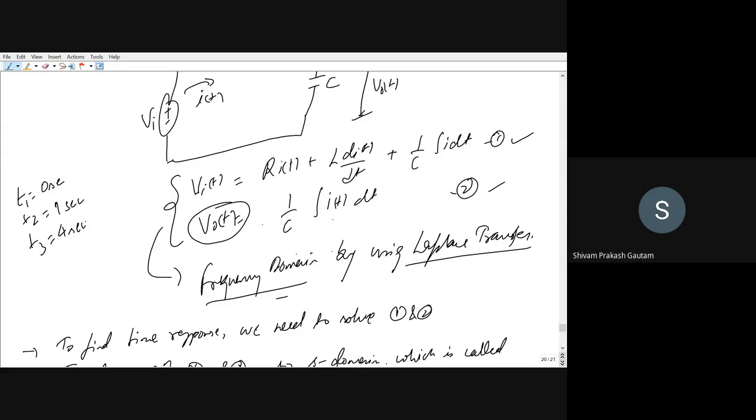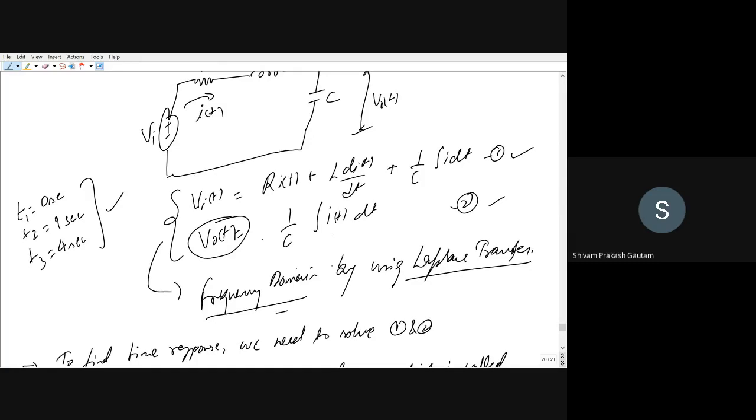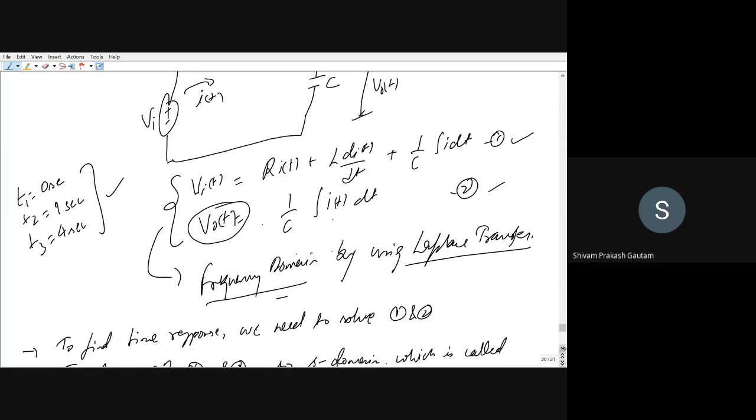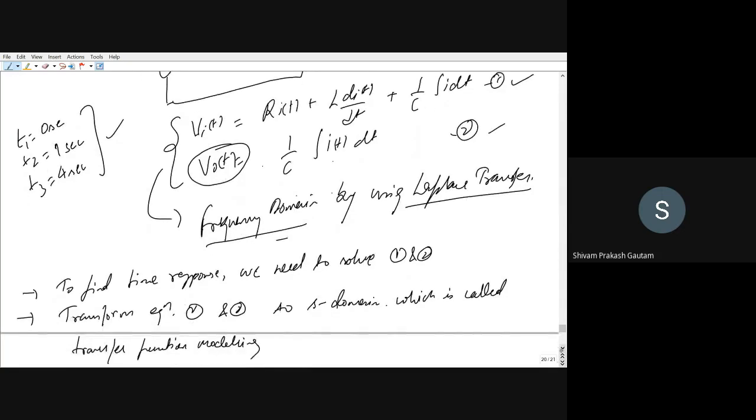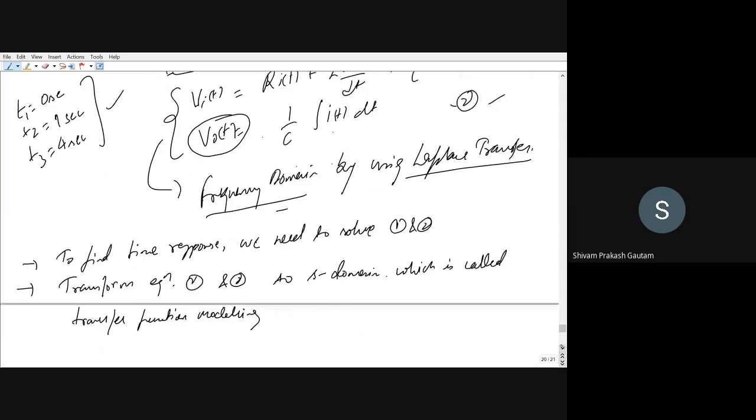This is just an example. If you want v0(t) for different time instances, you can do that, but it will be cumbersome and time taking. So we will take the Laplace transform of equations 1 and 2, and convert them into the frequency domain.